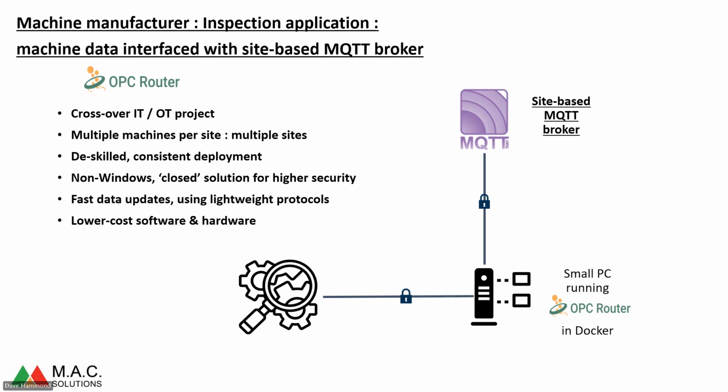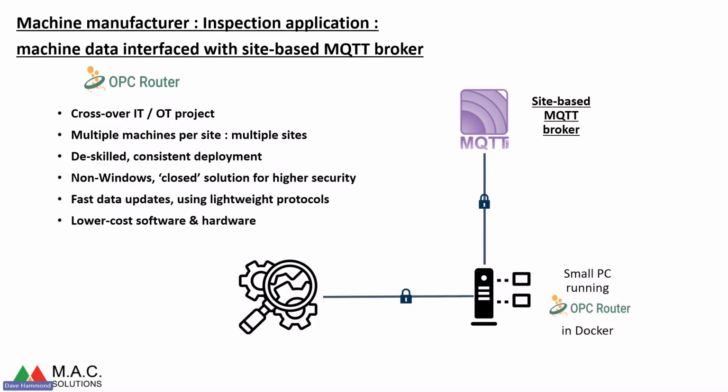The customer is very aware of security, so they want to make sure they're not running a Windows application. They've decided that a Linux OPC router installation will be more obscure to anyone who would like to attack it than perhaps a Windows one.